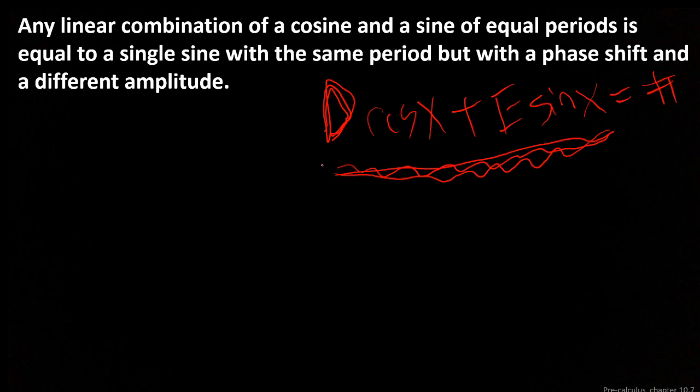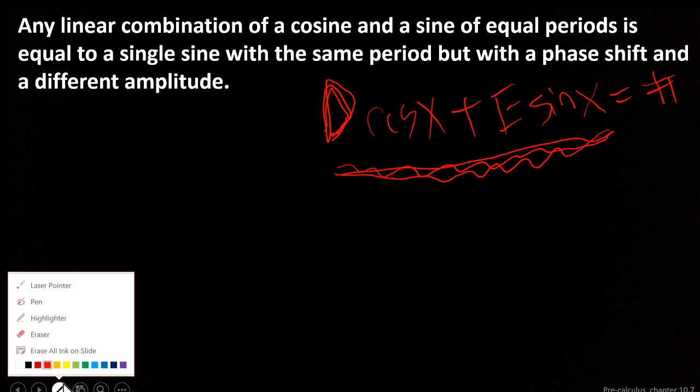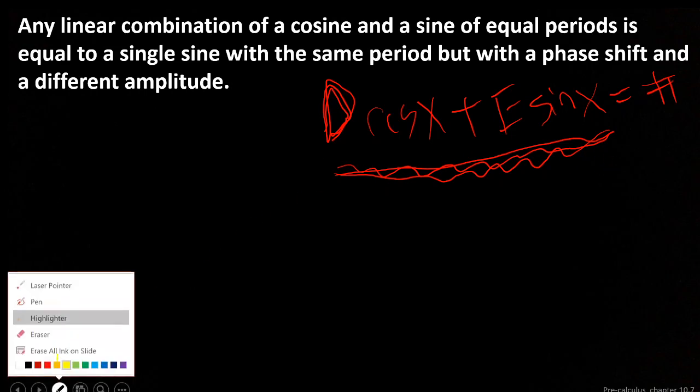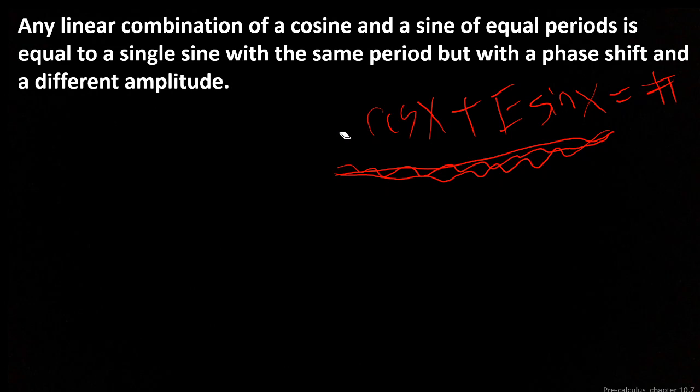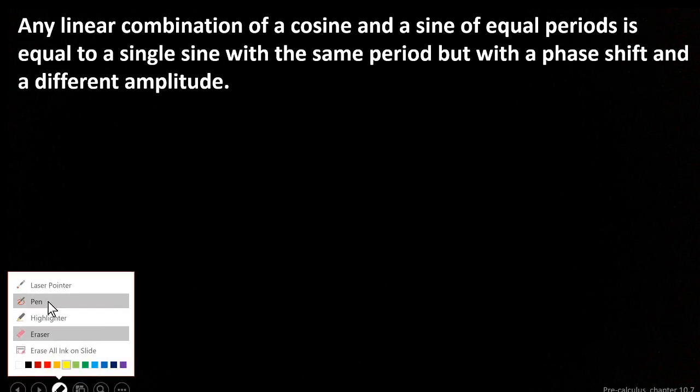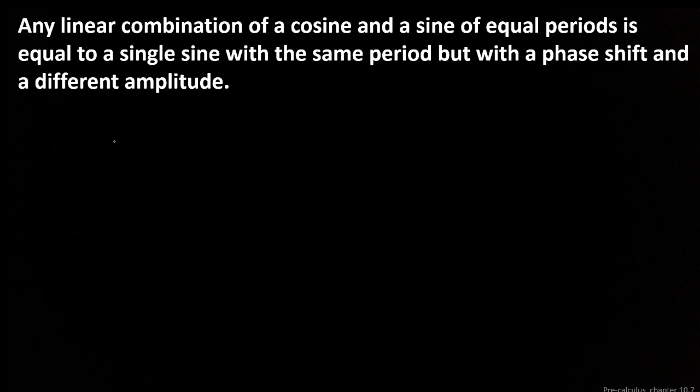So if you have something like that, we don't know how to solve it because we don't have one function by itself on one side. So how do we solve these equations? Well, I'm going to let you think about this for a second.